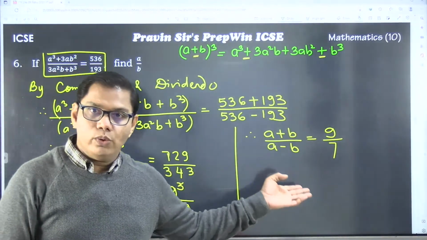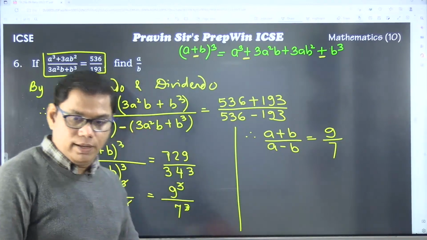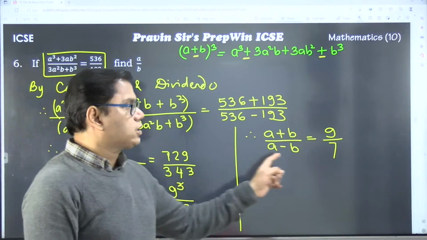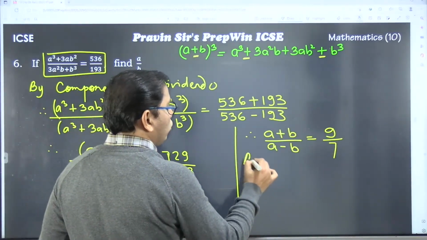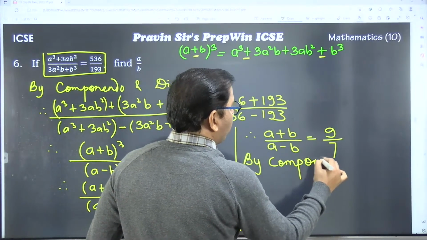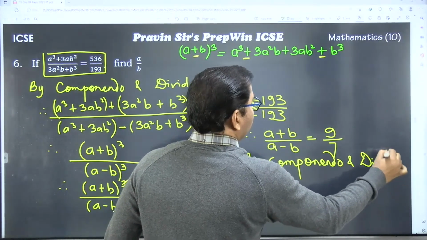So either you can use componendo and dividendo, or you can just cross multiply, still you will get the answer. I am choosing to use the property of componendo and dividendo.